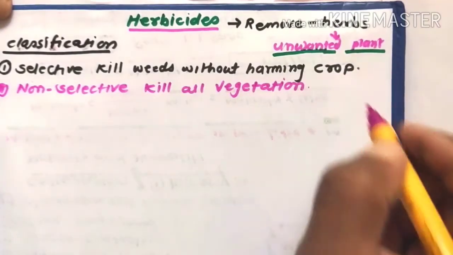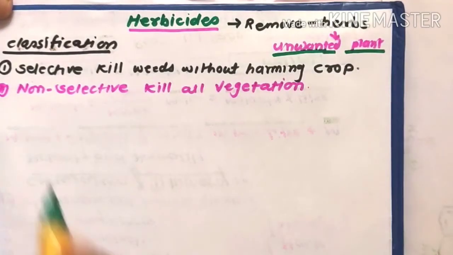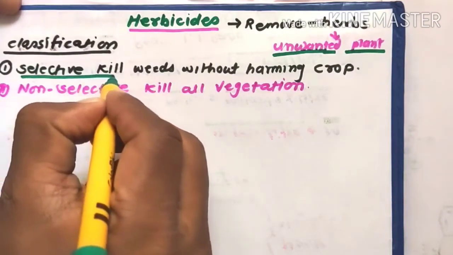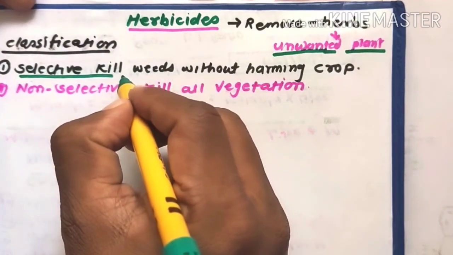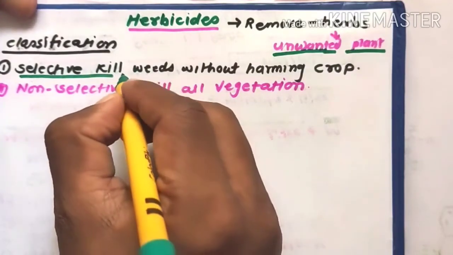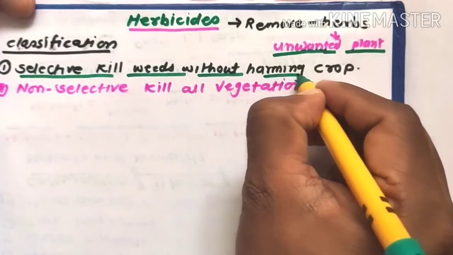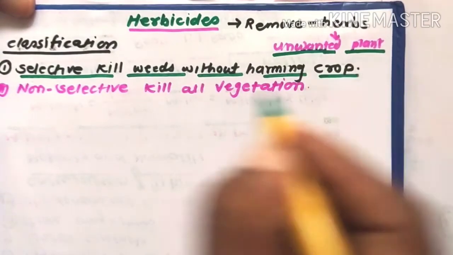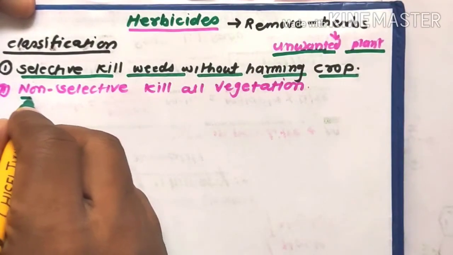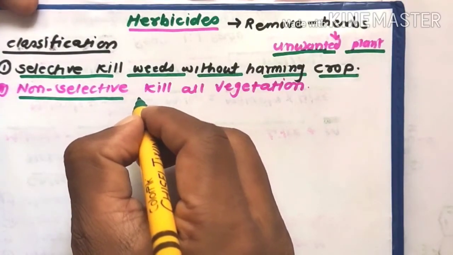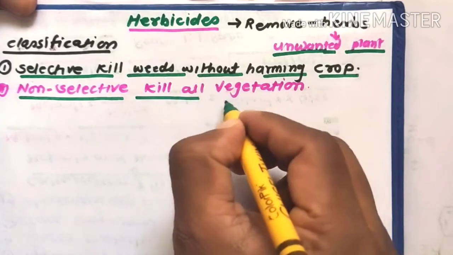These are the two classes of herbicides. The first one, selective herbicides, kill the weeds without affecting the main crop. And the second one, the non-selective herbicides, kill all the vegetation.